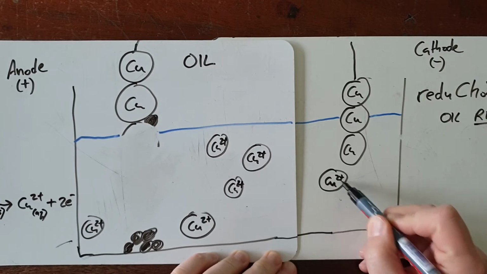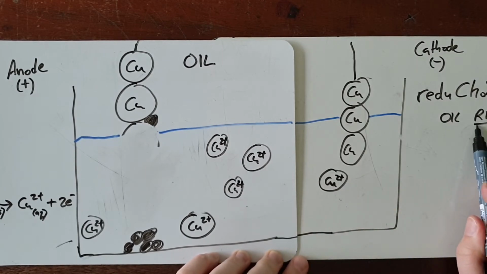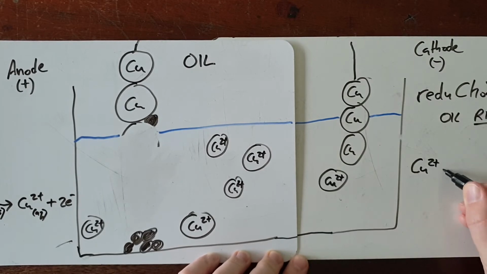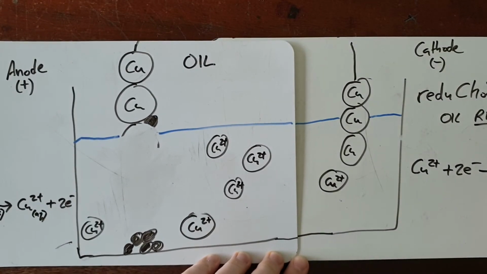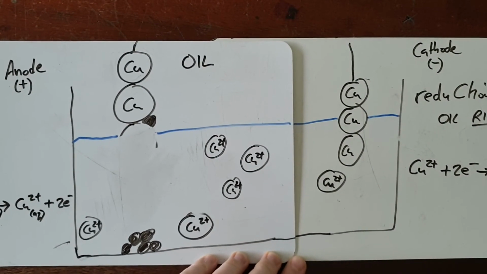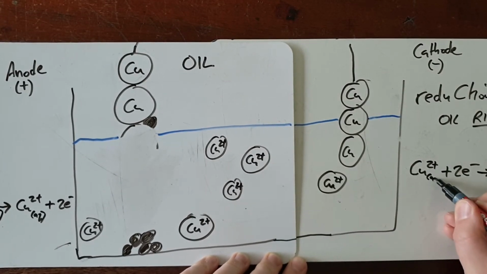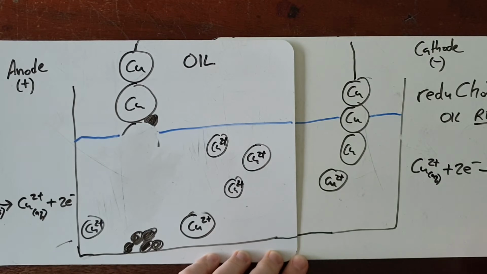And then when they get over here, Cu2+, they get reduced. So reduction is gain. So what happens? Cu2+ gains 2 electrons. And what happens when it gains those electrons? It turns back into copper. And if we do the state symbols, Cu2+ is aqueous because it's dissolved in the solution. But copper is solid because it's insoluble.